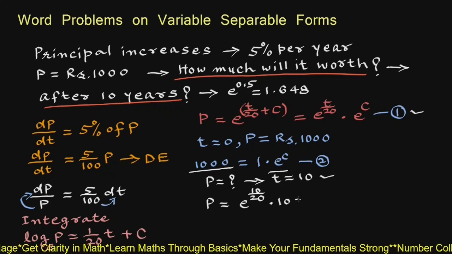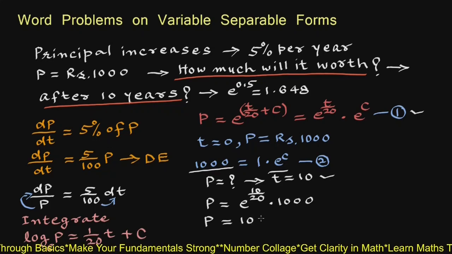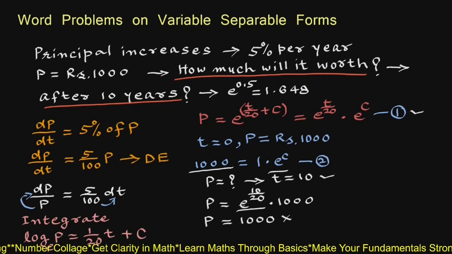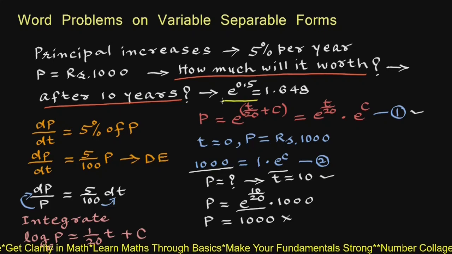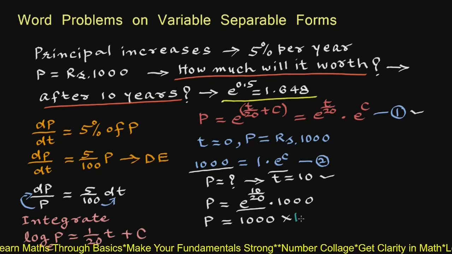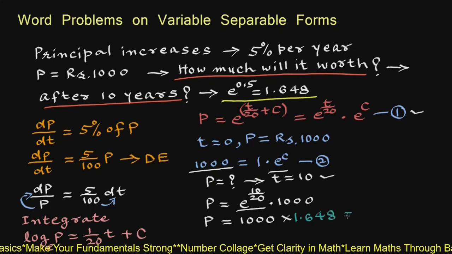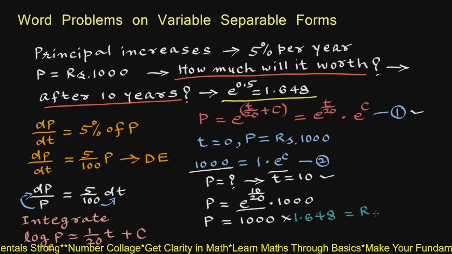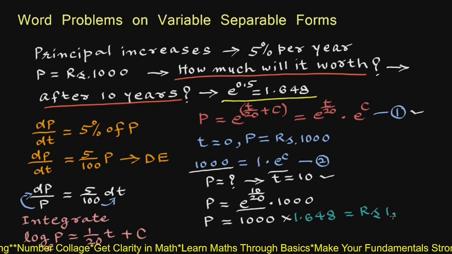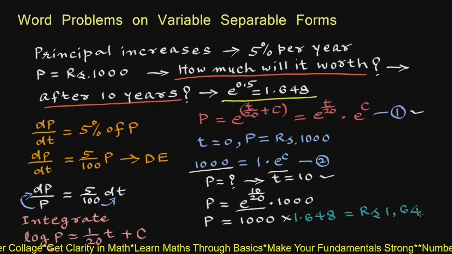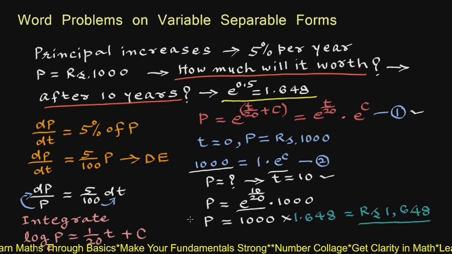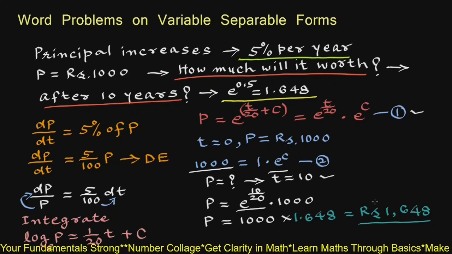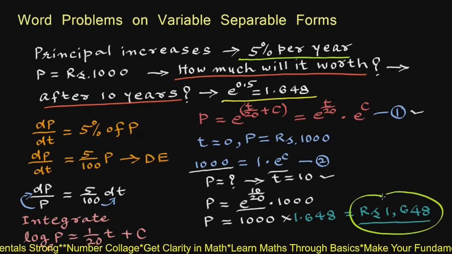So we write 1000 here, which is 1000 multiplied by e raised to 10 upon 20, which is e raised to 0.5, the value of which is given here, 1.648. After shifting the decimal 3 places to the right, it will be rupees 1648. So the principal after 10 years at the rate of interest 5% per year will be rupees 1648.